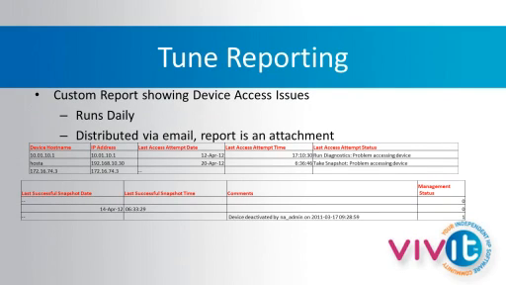Here I just have an example of one of our custom reports that shows device access issues. Pretty basic, but it really shows key information. And this goes out to the appropriate engineers for set devices or set subnets. It shows all device access issues and the nature of the issue and the duration of the problem.